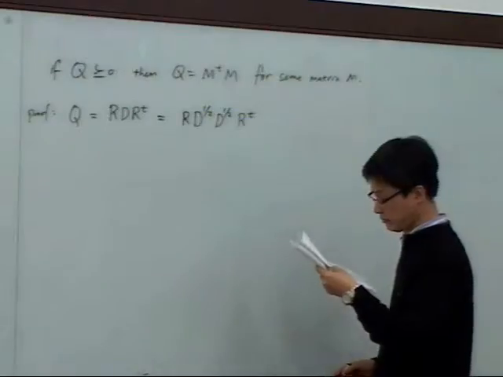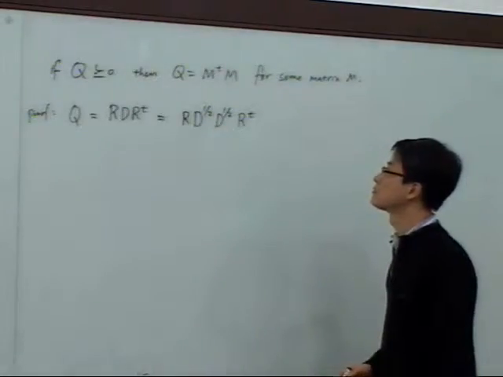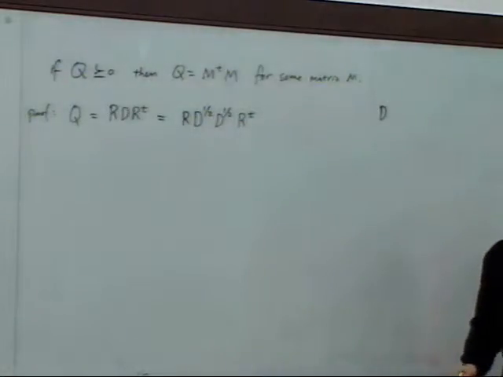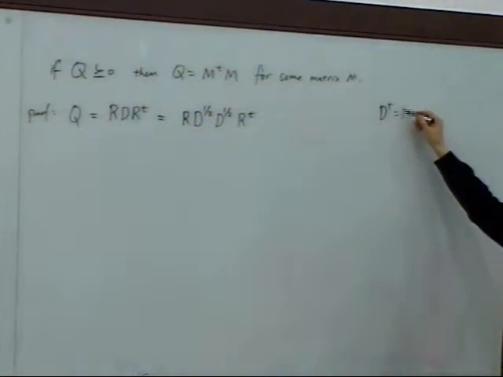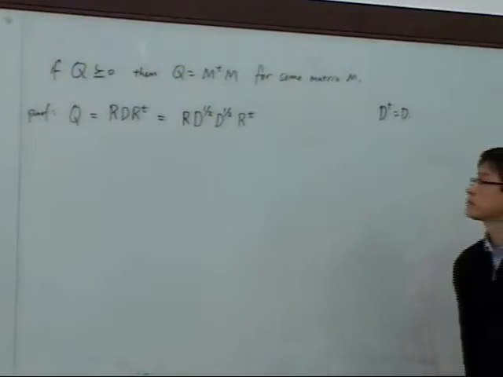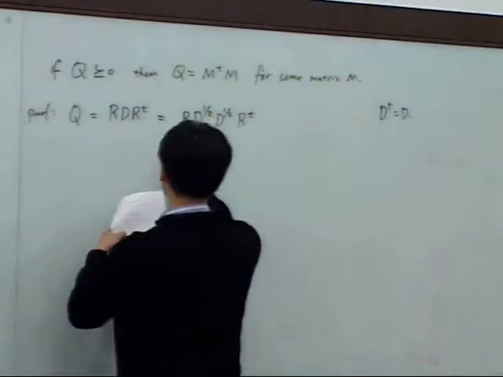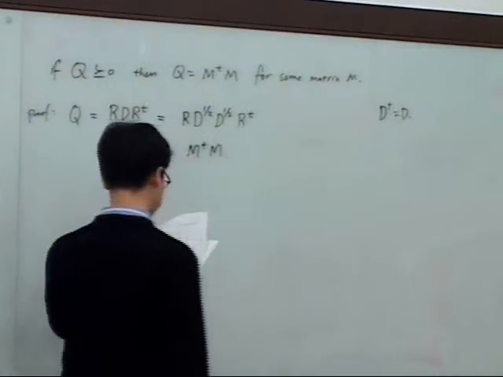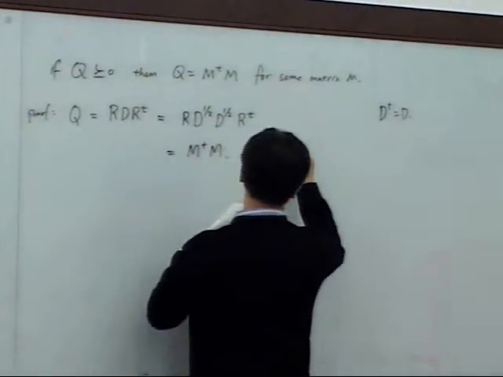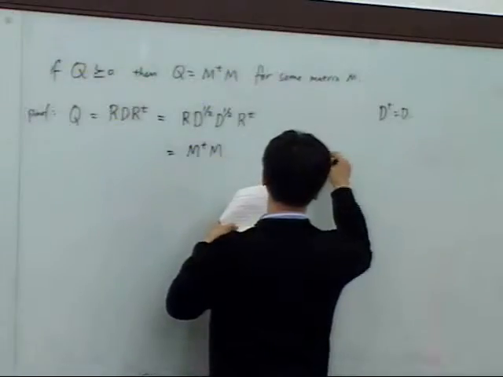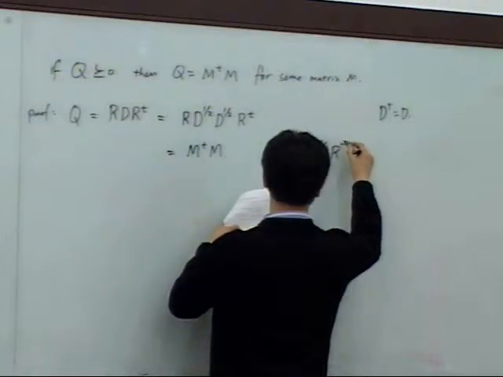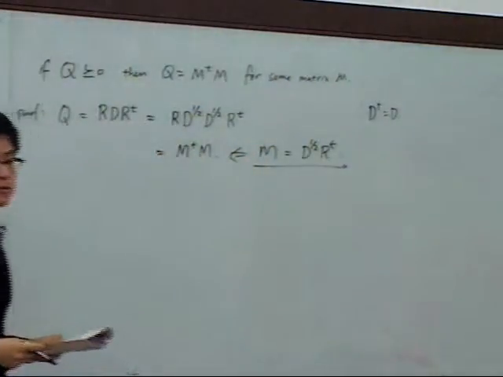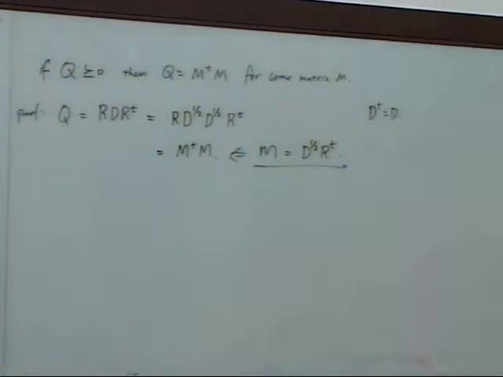Okay? And we know that if D is a diagonal matrix, its square root transpose is itself. Right? So this is M transpose M, where M is equal to sqrt(D) R transpose. So that is the end of the proof.